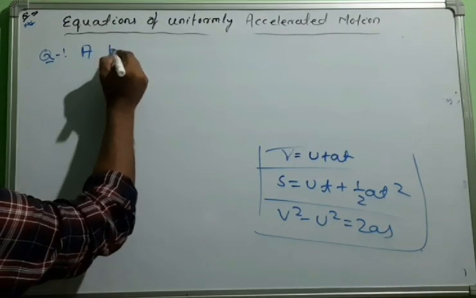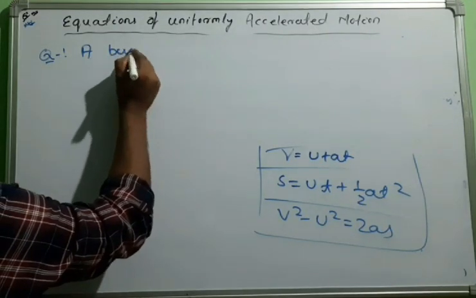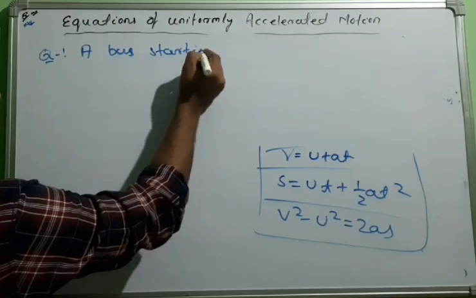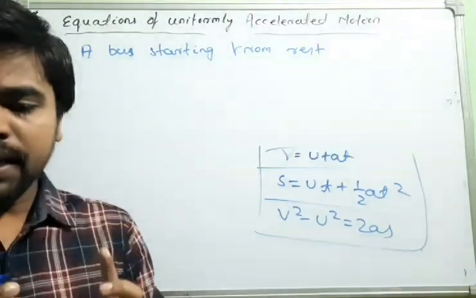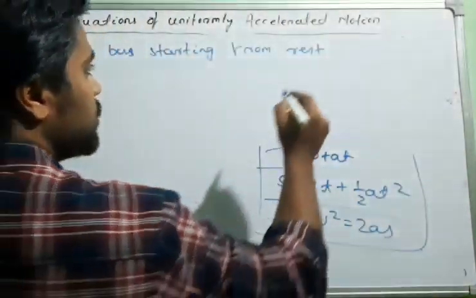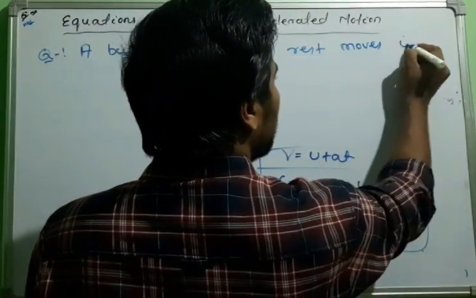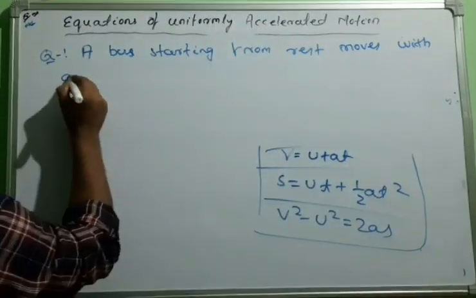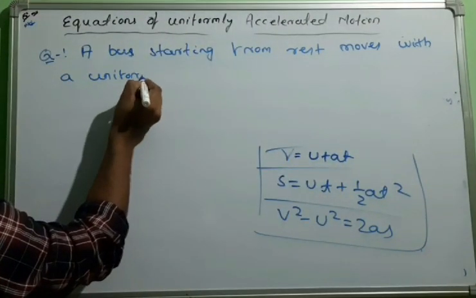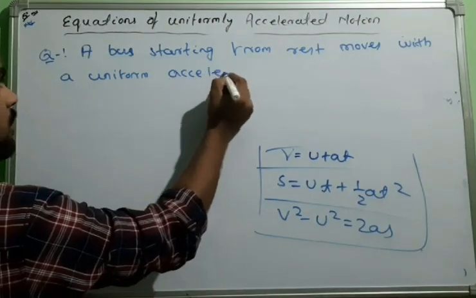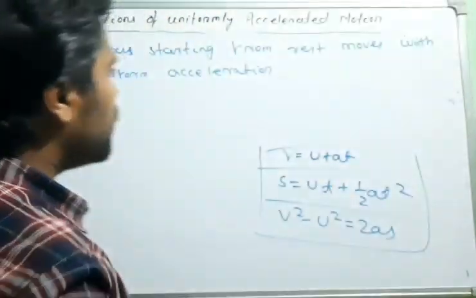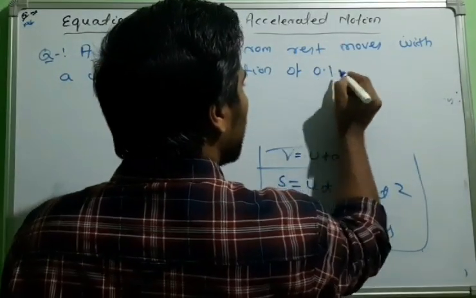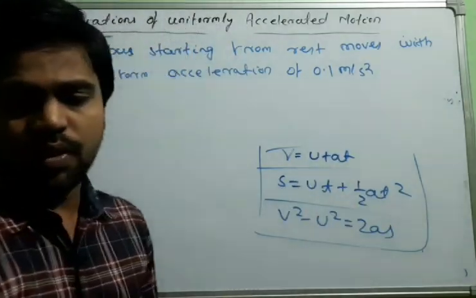A bus starting from rest moves with a uniform acceleration of 0.1 meter per second square for 2 minutes. Clear?